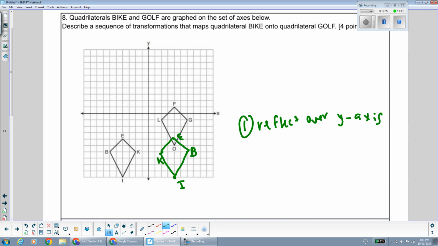Okay. And now notice that it's not in the right spot, so it needs to be moved. E needs to match up with F, so I can just see 1, 2, 3, 4, 5. Translate 5 units up.